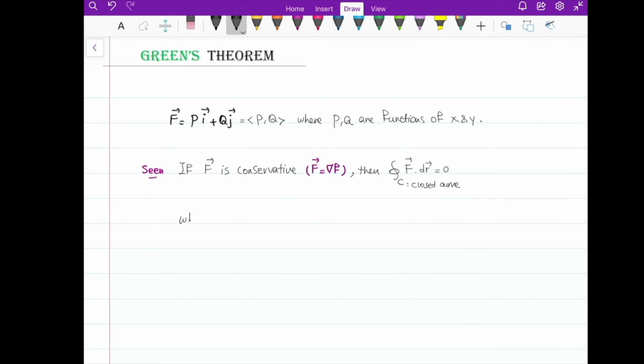But what can we say about this line integral of F dot dr over the closed curve C, if the vector field F is not necessarily conservative?